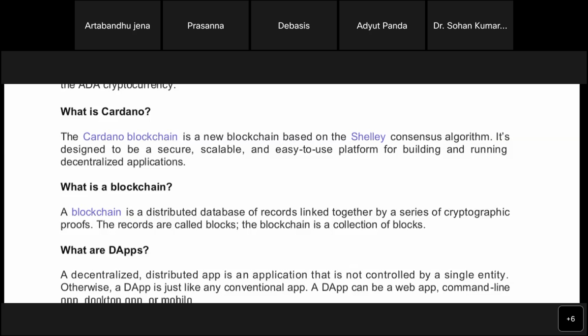Just like email is transferred through two protocols, an output protocol and an input protocol: SMTP, Simple Mail Transfer Protocol, is where we can transfer the mail, and POP3, Post Office Protocol, is where it will receive the mail. In the same way, blockchain could not be run without the internet.